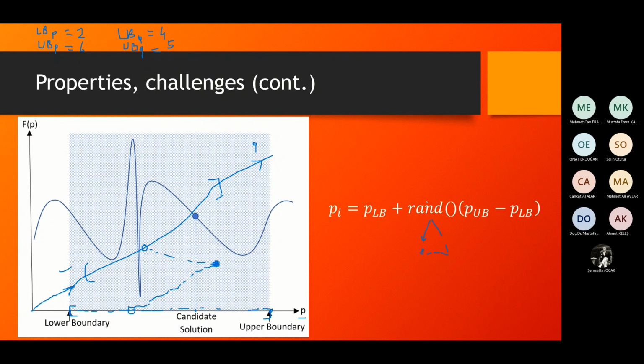Therefore, we will be using that formula for the p dimension and also the q dimension. Let's calculate this value in here for p. What is the lower boundary for p? It is 2. 2 plus a random value. We will need some random values, and imagine that those random values are produced within a range of 100.